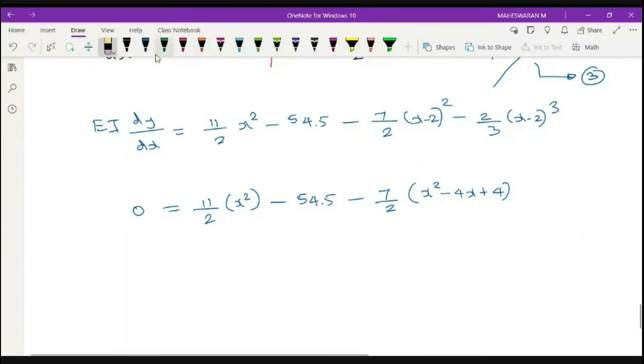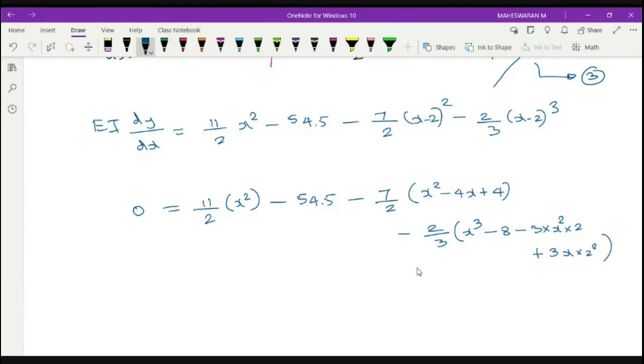Can you tell me the formula for this x minus 2 the whole cube? So 2 by 3 x cube minus, 2 cube is 8, minus 3a square b, right? 3 into a square is x square into 2, plus 3 a b square, so x into 2 square.